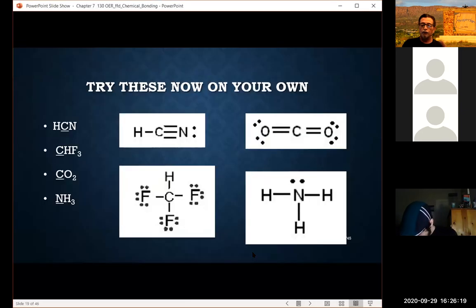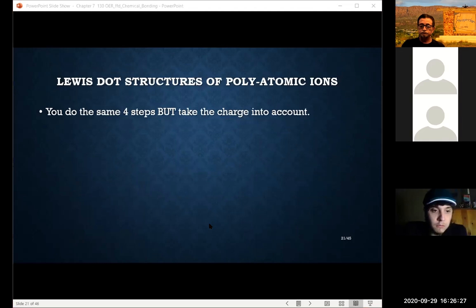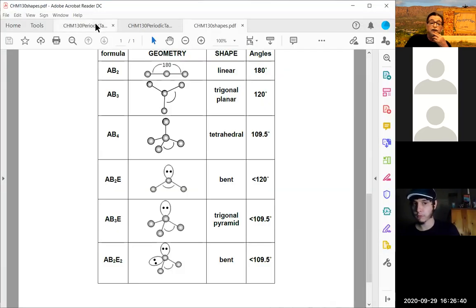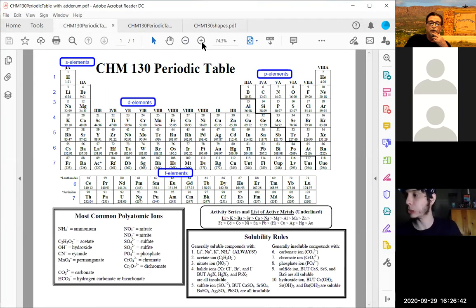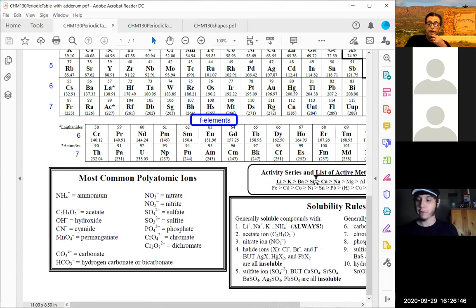Now, up to now, we've been doing neutral compounds. Notice there's no charge on these, okay? Now, we're going to look at what are called polyatomic ions. Now, where are these at? Well, good old-fashioned periodic table. I told you I use it a lot. Going through the periodic table, on the bottom left corner, you see a table.